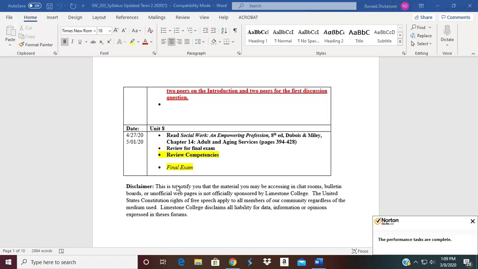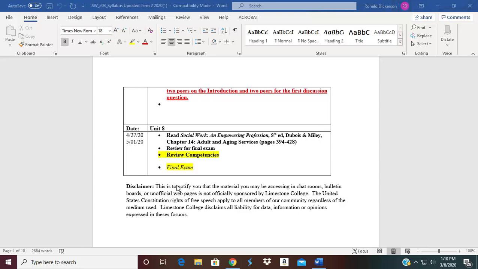Okay, so in Unit 8, you just have to review Chapter 14, and you have the review information for your final exam. And then, of course, you have your competencies, and then you have your final exam. The review for the final exam is just you trying to take time out to review because this is an online course, and then you're going to take your final exam on the 1st of May.